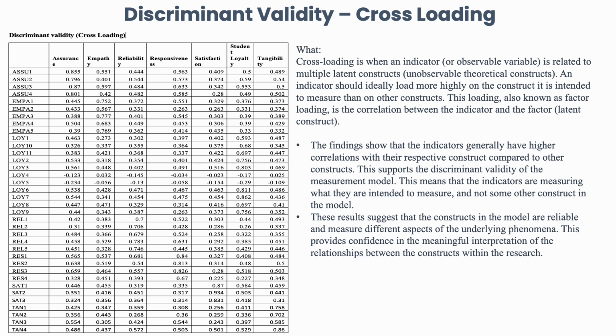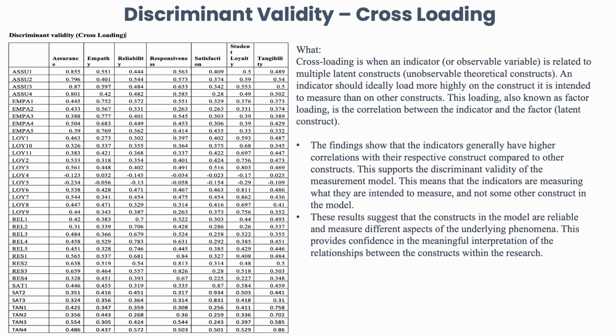Now, this examines the correlation between each indicator and its associated construct compared to the correlation with other constructs. The findings show that the indicators generally have higher correlation with their associated construct compared to other constructs, supporting the discriminant validity of the measurement model. Now, in conclusion, both the Fornell and Larcker criterion and the cross-loading analysis provide evidence of satisfactory discriminant validity in the measurement model.